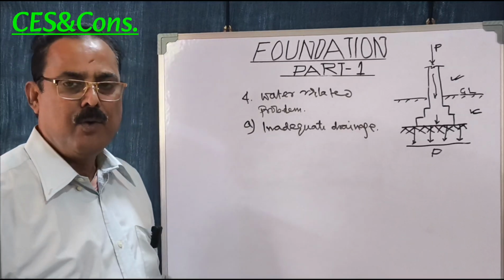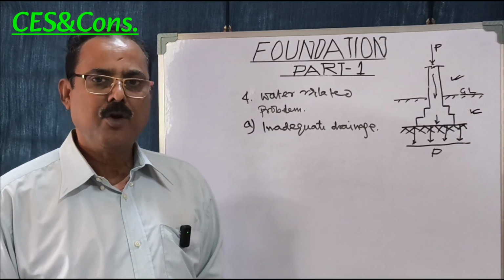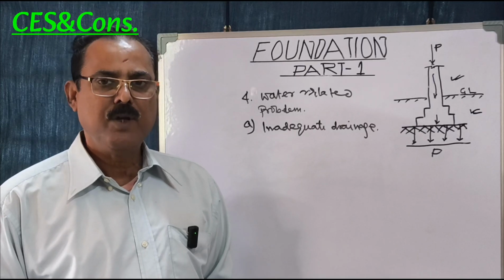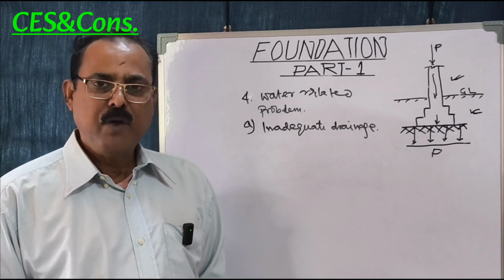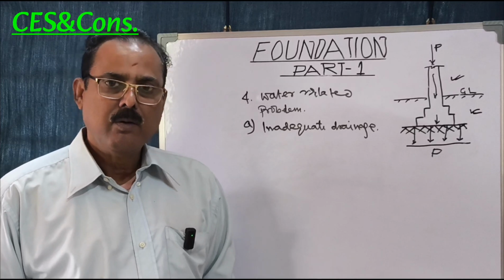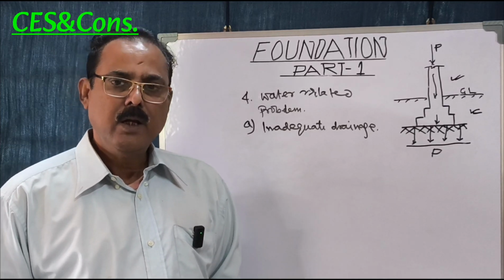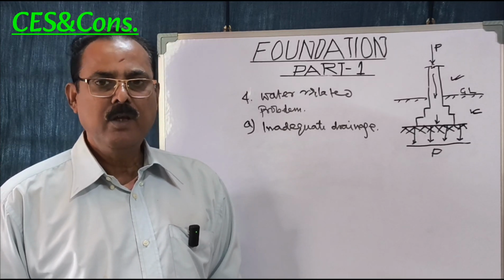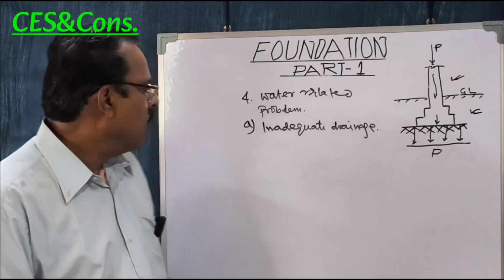Due to excessive water in the foundation trench or foundation pit or around the foundation, it may fail due to the hydrostatic pressure of the water, and it decreases the bearing capacity of soil.